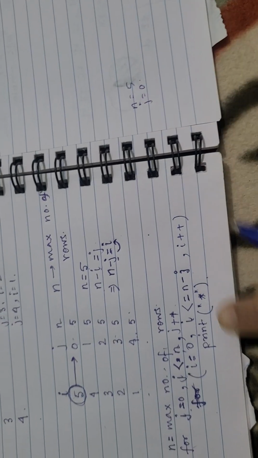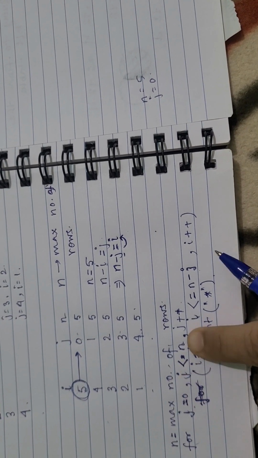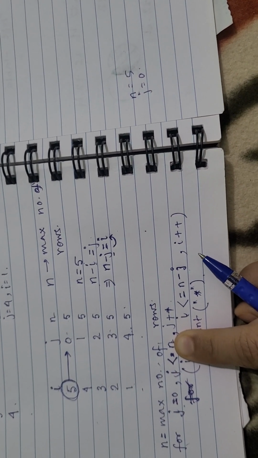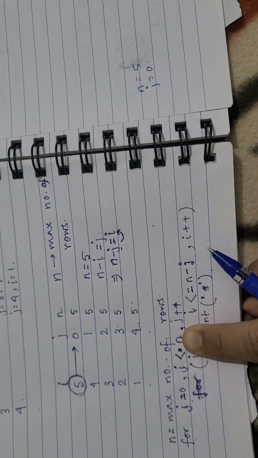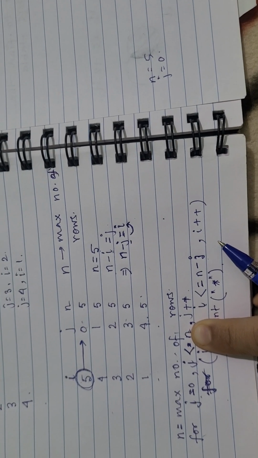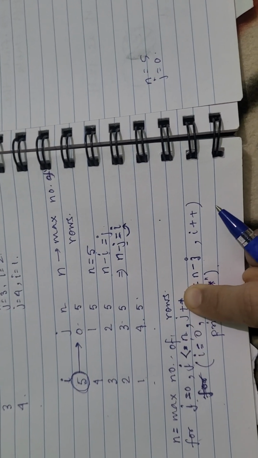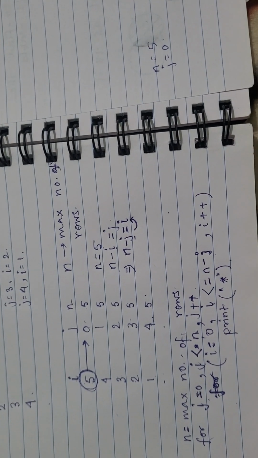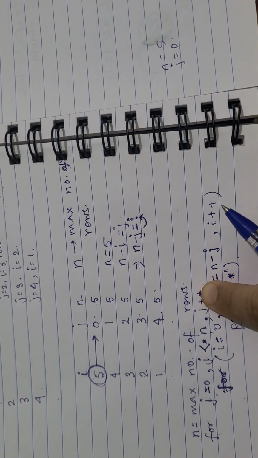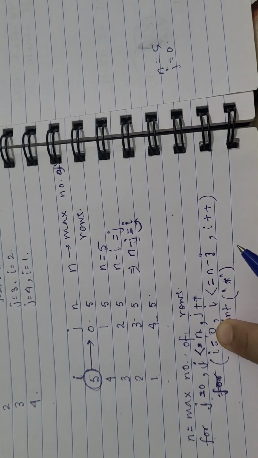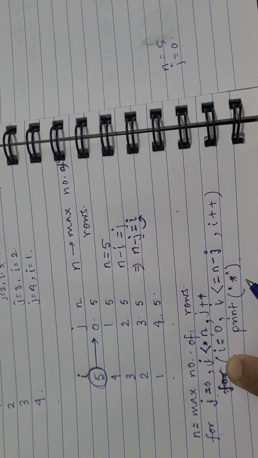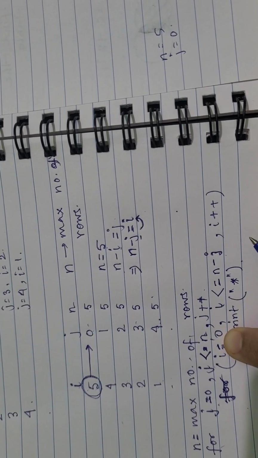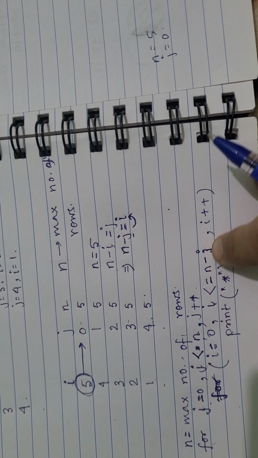j has to compare. In this step j is equal to 0, and j has to be checked: is j less than n? Yes, 0 is less than 5, definitely it's right, so it is not going to this line at first. Then control goes to the next for loop, where i equals 0. Now it checks i less than n minus j.